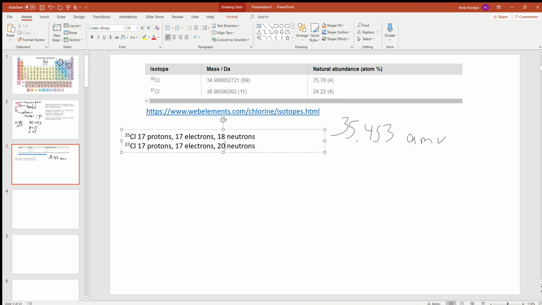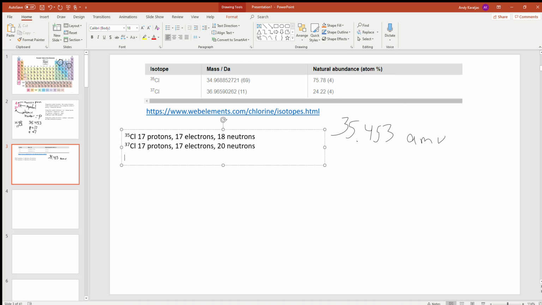So how does this explain this 35.453? Well, we have to take two things into account. One is the mass of any natural isotopes. The second is how much of them we have. So what this number is, our 35.453, is actually a weighted average based on the naturally occurring isotopes as well as their natural abundance.